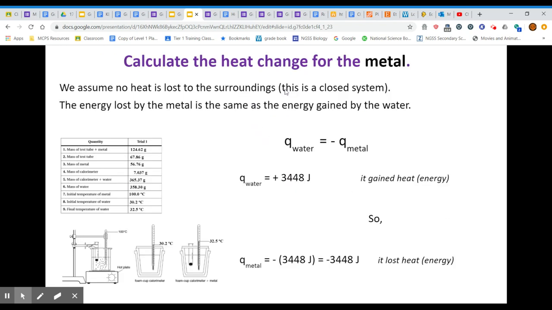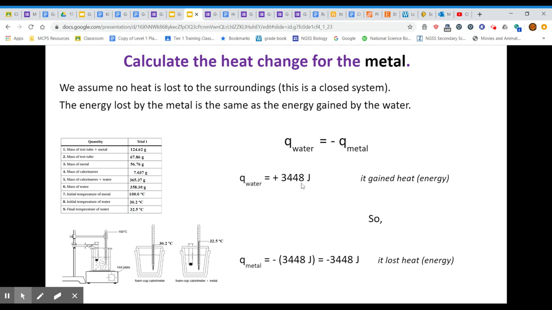Now we'll calculate the heat change for the metal. This is based on the first law of thermodynamics: the energy lost by the metal is the same as the energy gained by the water. So we already know the Q for the water is plus 3448 joules. That was a positive value, and the water gained the heat.